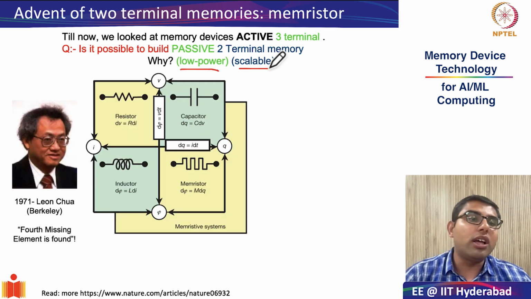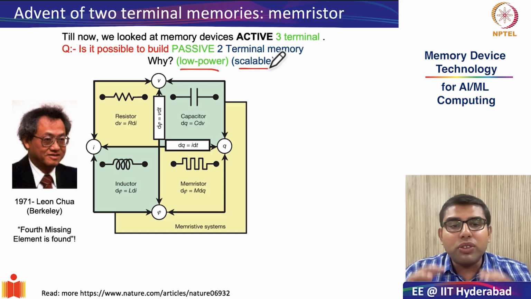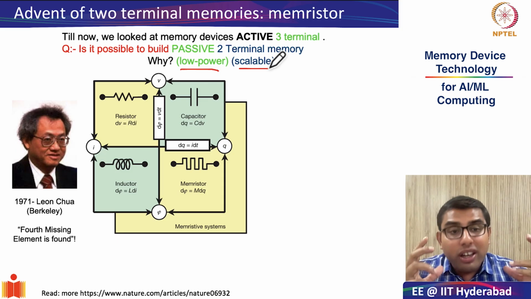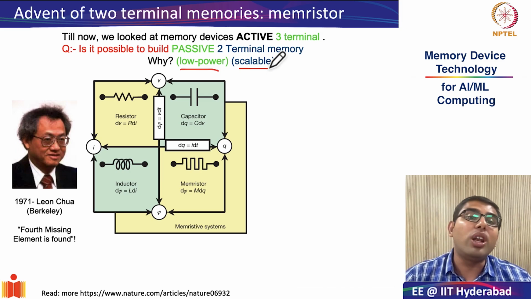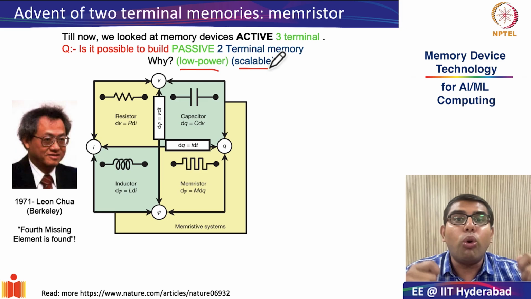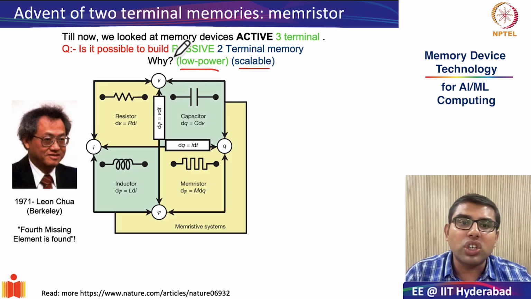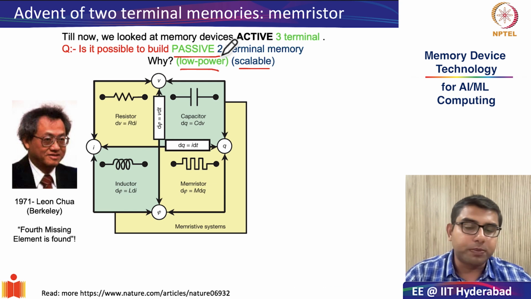The first proposal came from Professor Leon Chua, from Berkeley, as early as 1971. This was a very interesting theoretical search into something called the memristor, which we will now study. What is a memristor? It is a passive two-terminal memory or storage device.